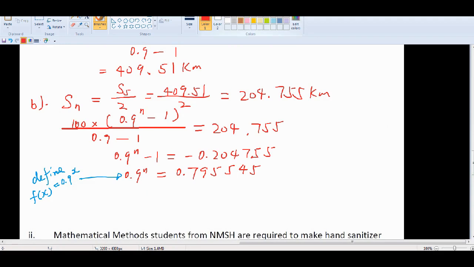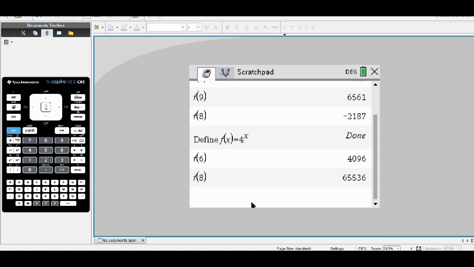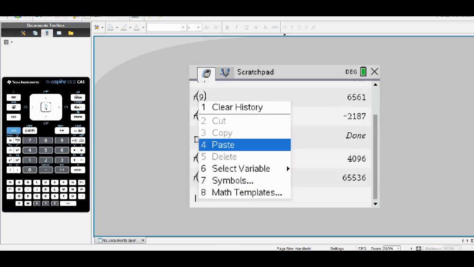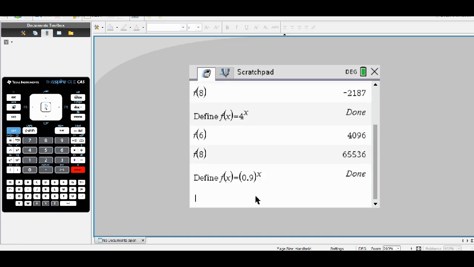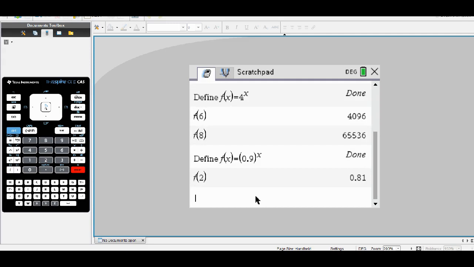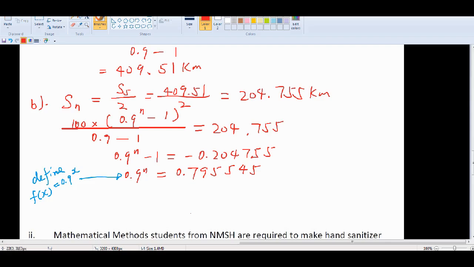Let me show you how to do it on the calculator. Let's define another function, 0.9^x. Let's put a number into it. Let's put 2: 0.81. Is that okay?